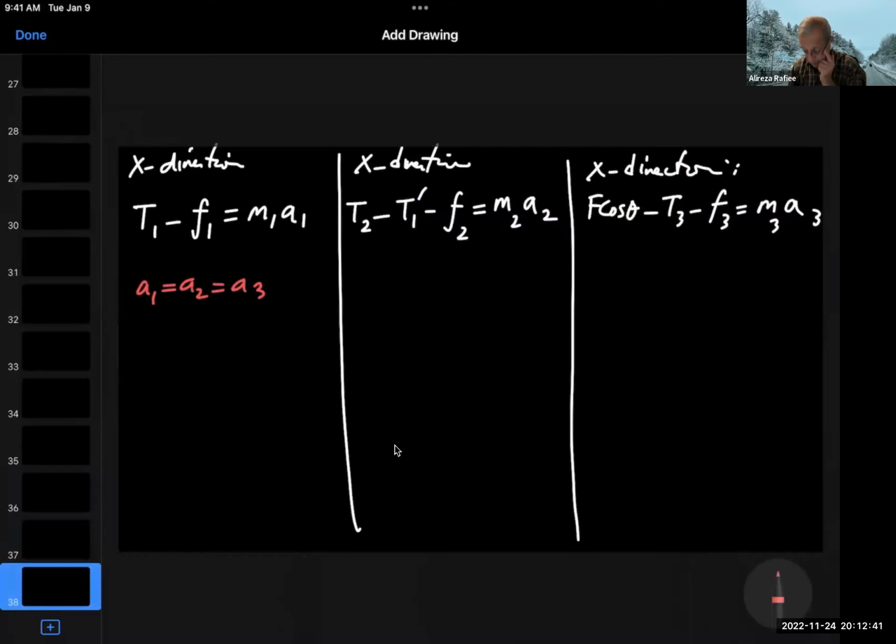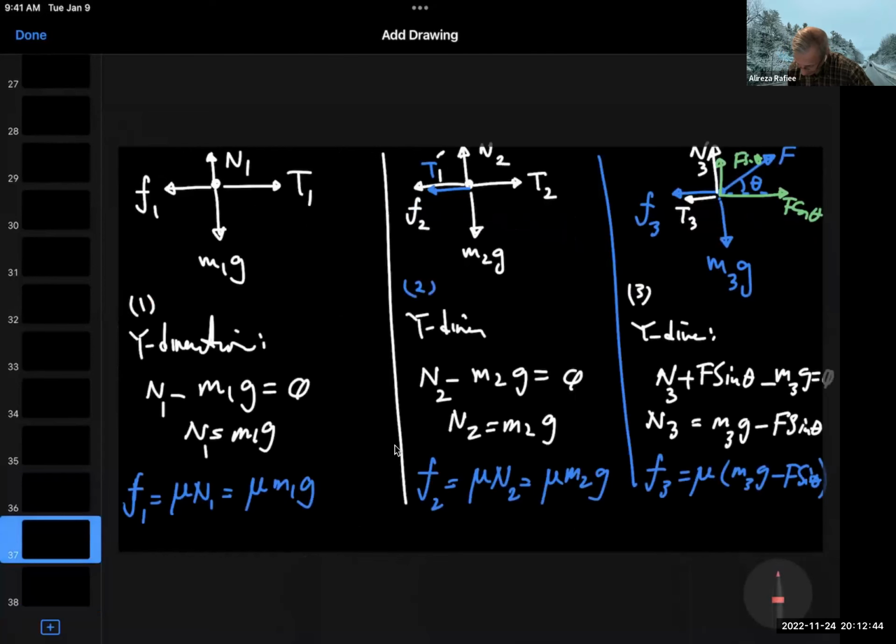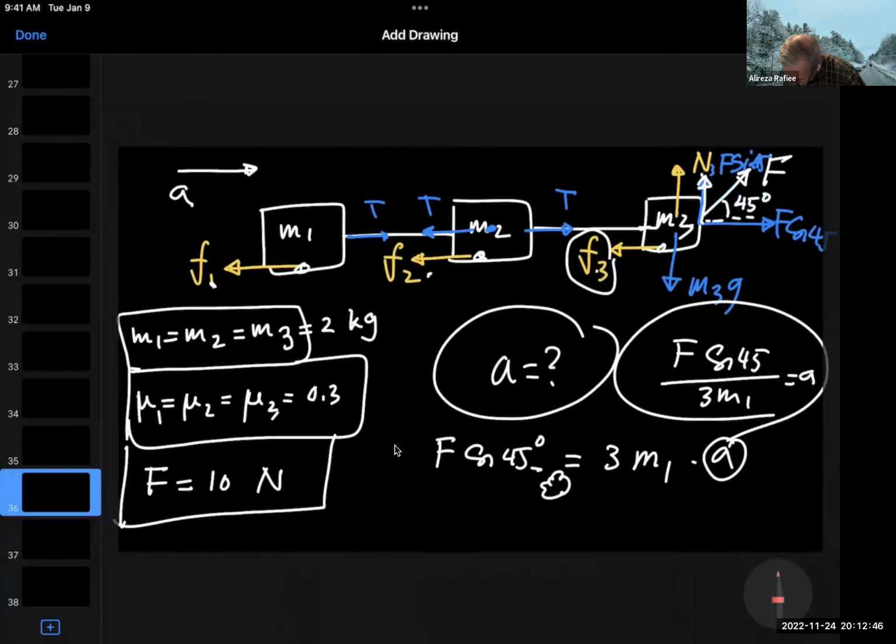That's one assumption. The second assumption is that this one is T1 and this one is T prime 1. If the rope here is solid, the left side of the rope and the right side of the rope should have the same tension. Otherwise, it's going to break, right? It's going to stretch.